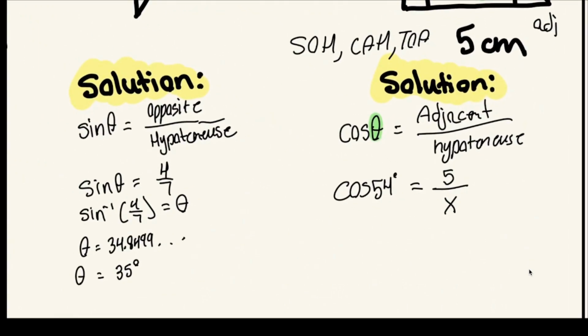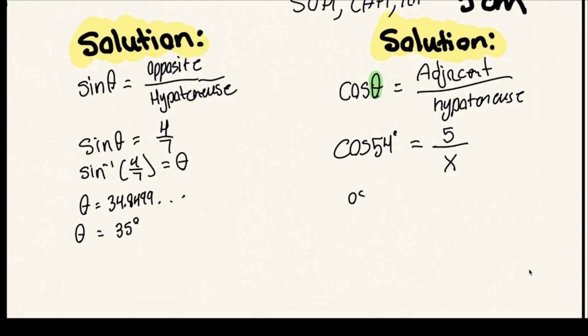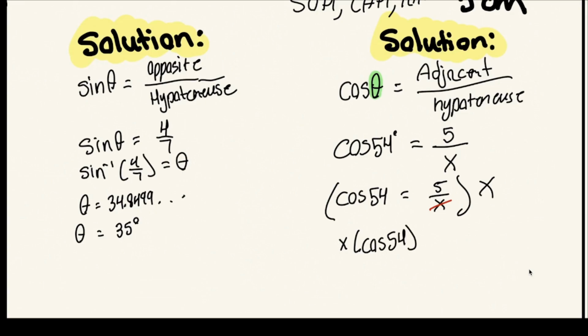Now, how do you isolate for x? Just like BEDMAS, we have to isolate x. So we have to multiply on both sides. I'll do it in another step: cos 54 equals 5 over x. Let's multiply the whole thing by x. Then this x cancels out, and we are left with x cos 54 equals 5.